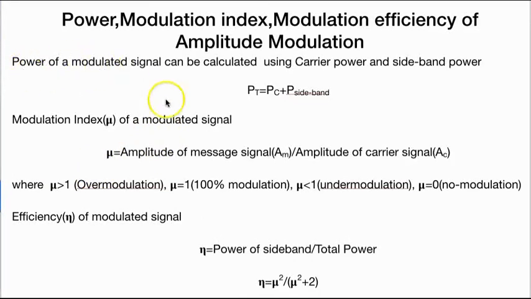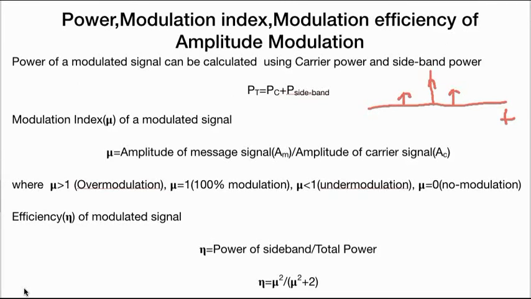Now, the power of a modulated signal can be calculated using carrier power and sideband power. If you see the spectrum, in the frequency domain, it will be like a carrier power here, a sideband signal here, and another sideband signal here.